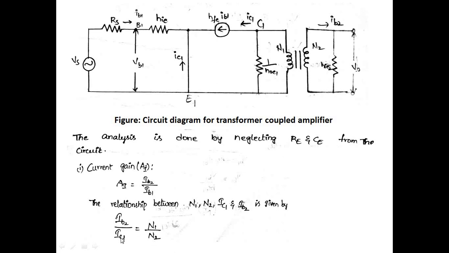Ib2 is the output current and IC1 is the input current, equal to primary turns divided by secondary turns. This is simply I2 divided by I1, equal to N1 divided by N2, which we normally call current transformation.